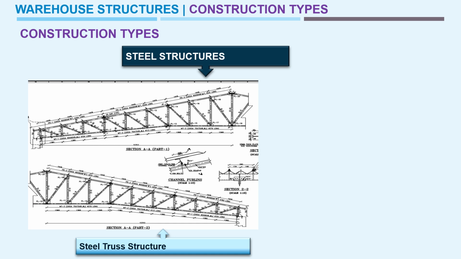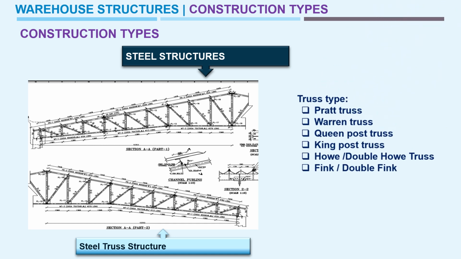Generally for the roof system we provide steel truss type structures, which are built with angles and pipes. Generally these are done with bolted connections. Majorly these connections are hinged at both ends, resting on the columns. So this is one type of construction in warehouse structures.